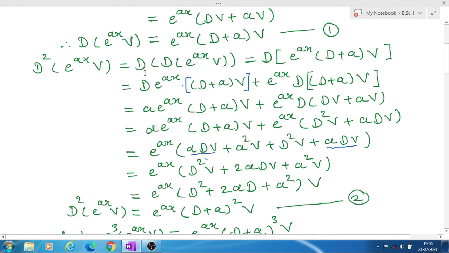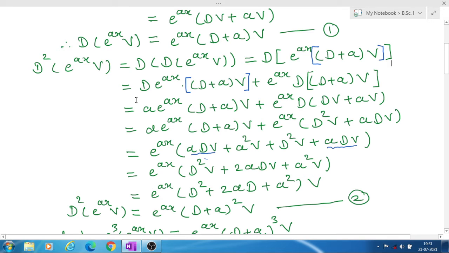Therefore D of D is equal to D of e raised to ax into D plus a operates on v. Now here again there are two terms, e raised to ax and D plus a into v.